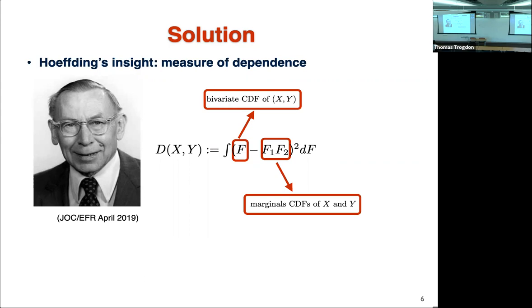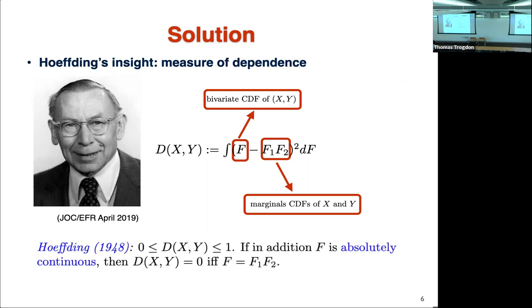And Hoeffding proved 70 years ago that, first, this population measure of dependence is indeed between 0 and 1, trivially true. Secondly, and this condition is important, if F is absolutely continuous with regard to the Lebesgue measure, then this population dependence measure is 0 if and only if X and Y are independent.